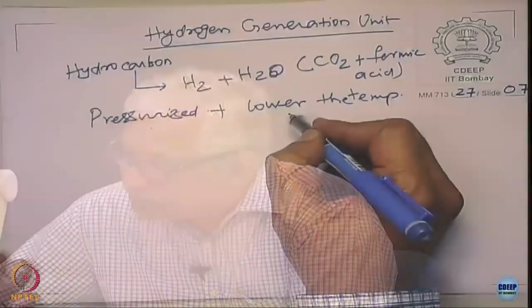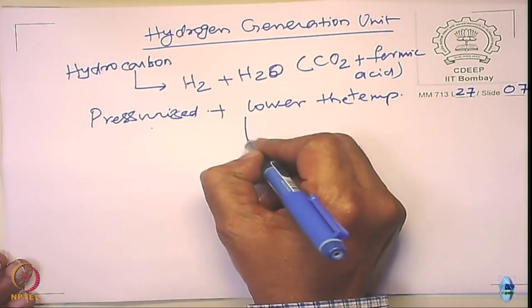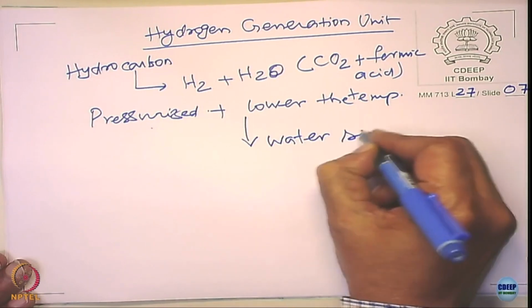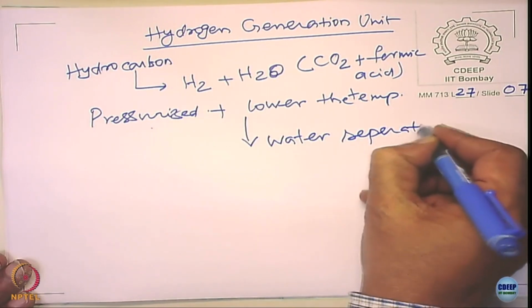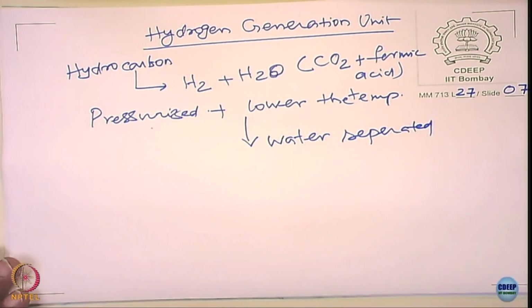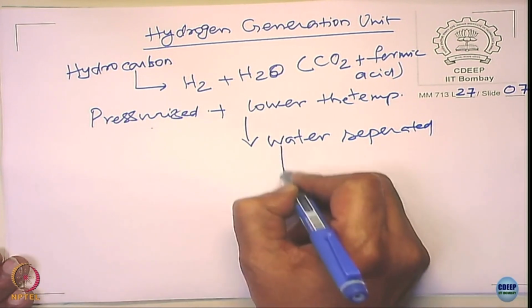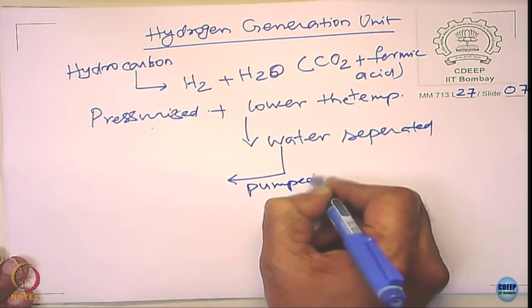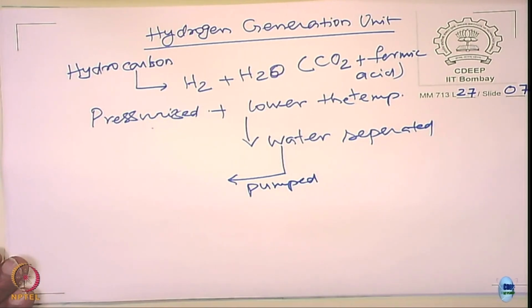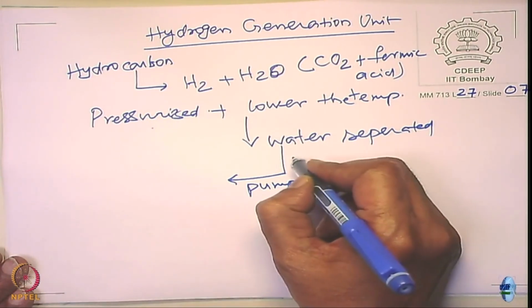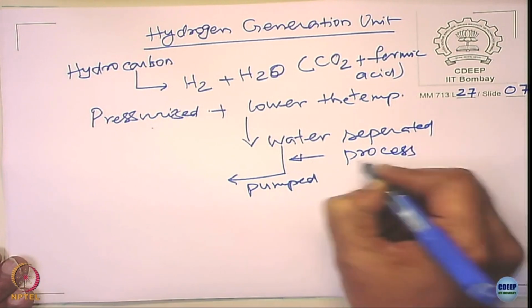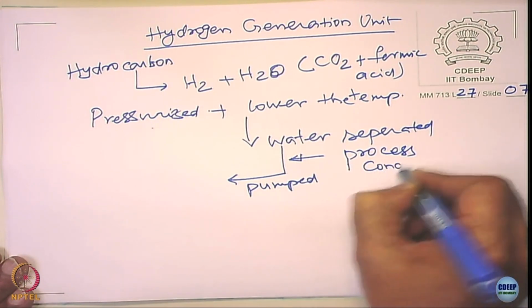Now, when you pressurize it and lower the temperature, the water is getting separated. This is a good water. So this is now pumped, and they call this process condensate in the industry.